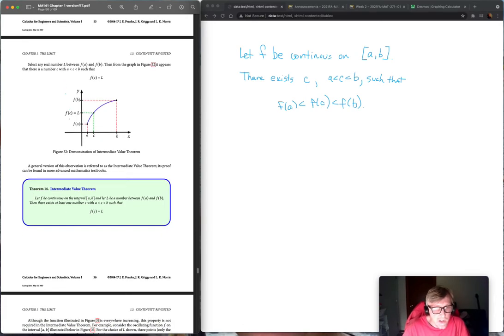Let f be continuous on the closed interval from a to b, which means there has to be a point there and a point there. Let L be a number between f of a and f of b. There exists at least one number c such that f of c is equal to L.